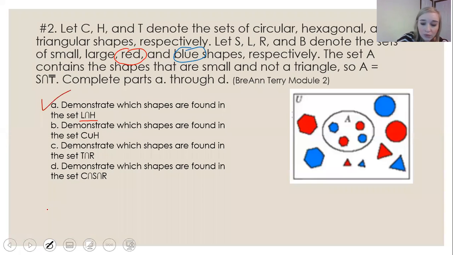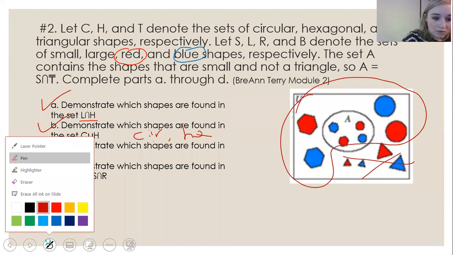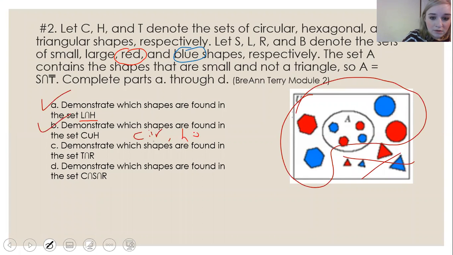So we know that it has to be circular or it has to be hexagonal. So that includes everything except for these triangles. So that's all there is to it. The circles that can be hexagonal.